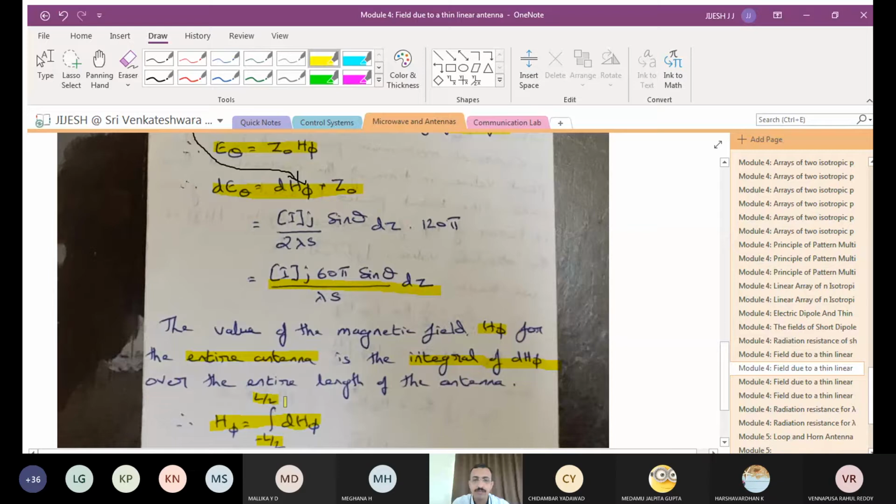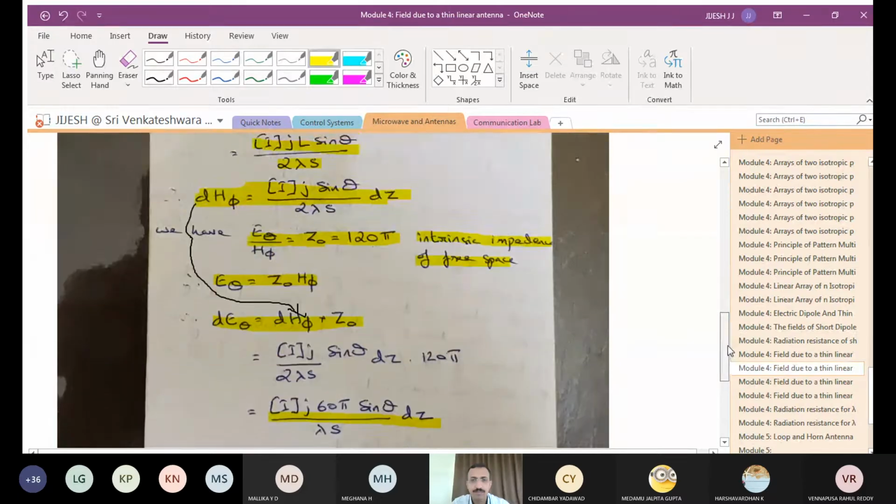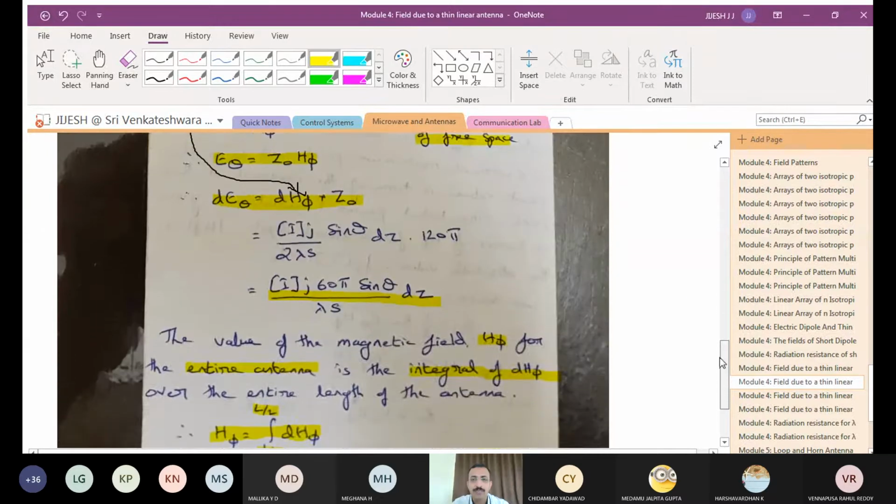When you do that, you have to substitute dH phi from the previous expression, dH phi is equal to I j sin theta by 2 lambda s dz. This is the equation we generated; we need to substitute it and integrate for the limits minus L by 2 to L by 2.